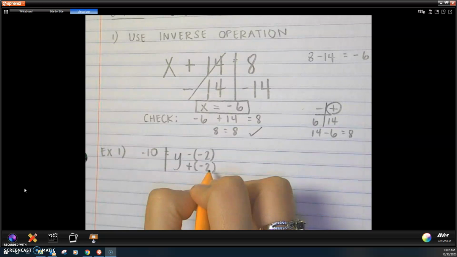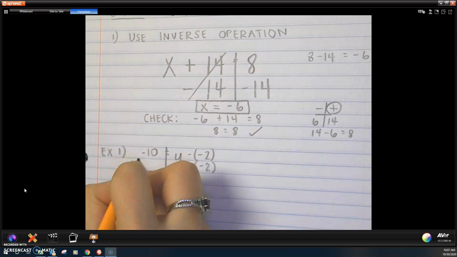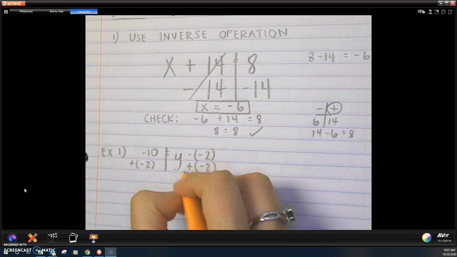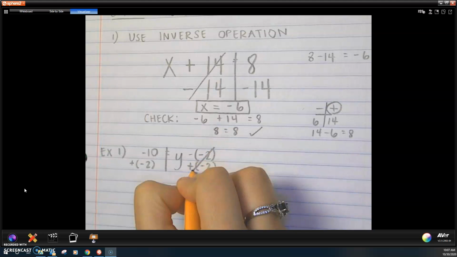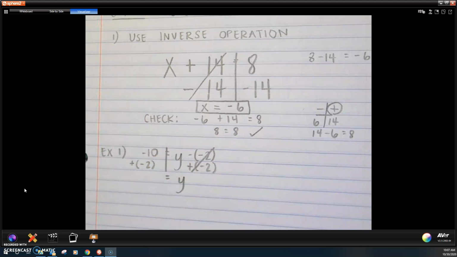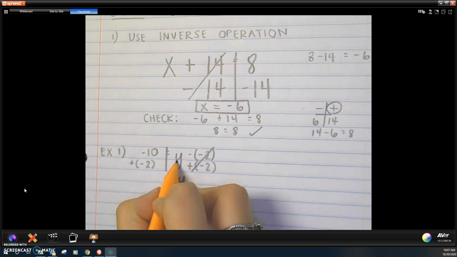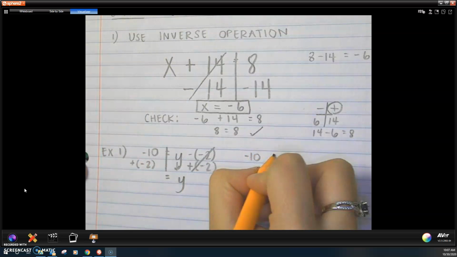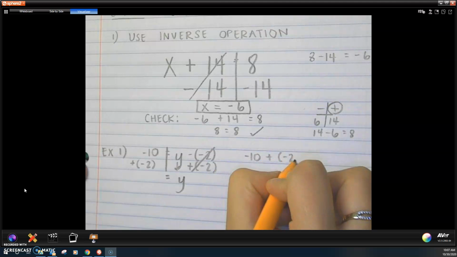So whatever I do to one side, I need to do to the other. So then since these are inverses, we get rid of them. And now we have our variable alone, so we can just bring it down. And now to figure out what y is, all we need to do is solve -10 plus -2.